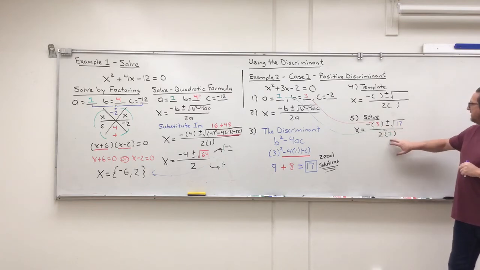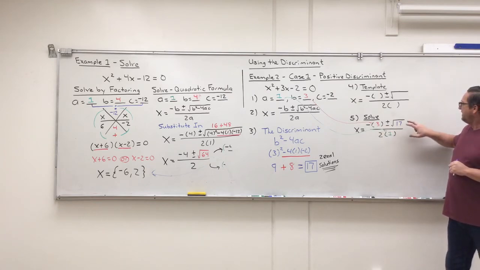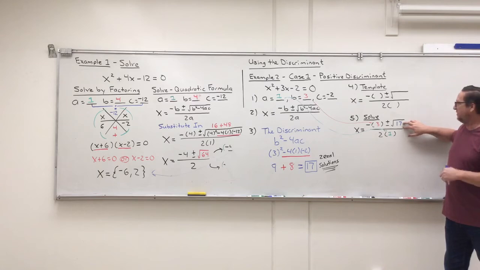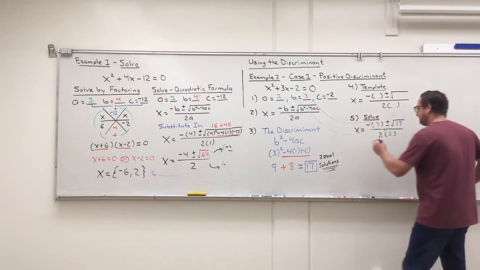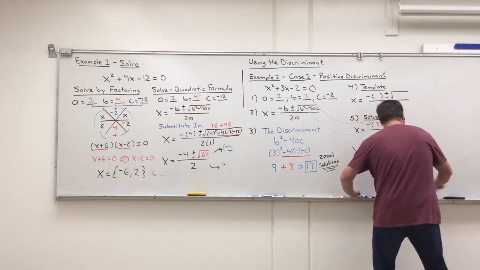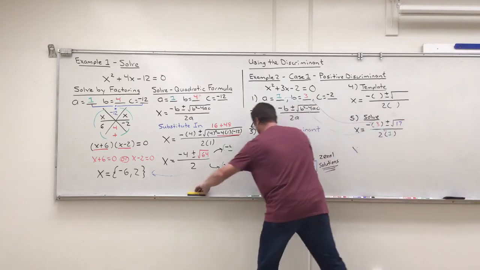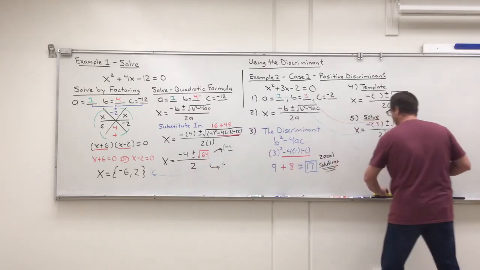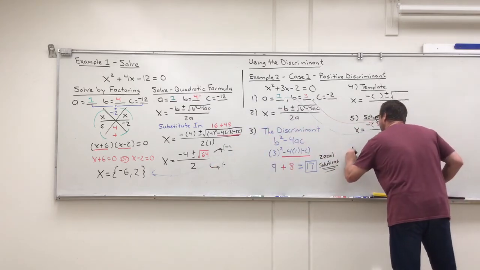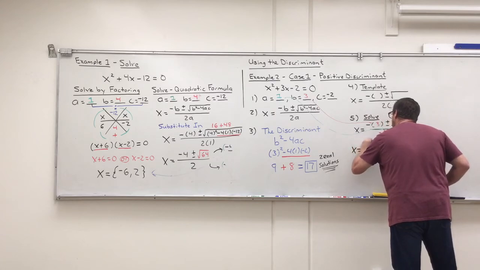So now we're just going to clean up these 3 parts, okay? In our lessons right now, we're going to change the square root of 17 to a decimal. Maybe later this week or into week 4, we'll work with the radicals like we did earlier in the year. So x equals negative 3.